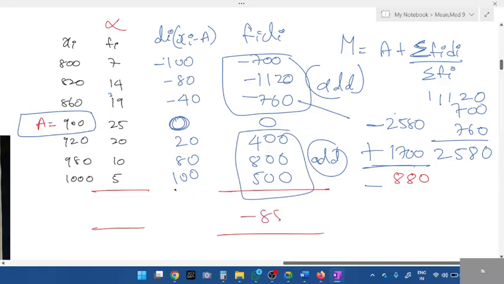Very good. Minus 880, right? Is it clear till here? All of you have done till here? Response, students. Understood? Minus 880.